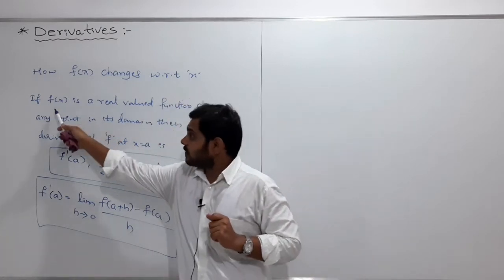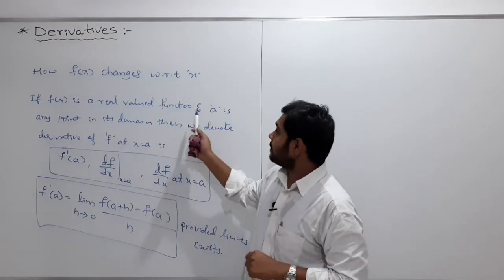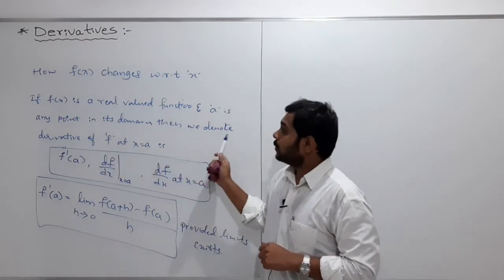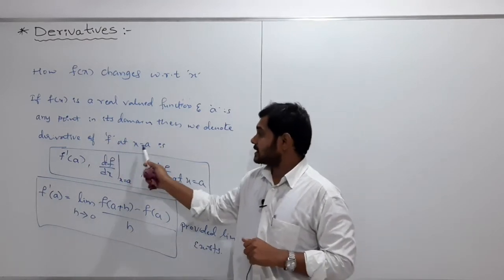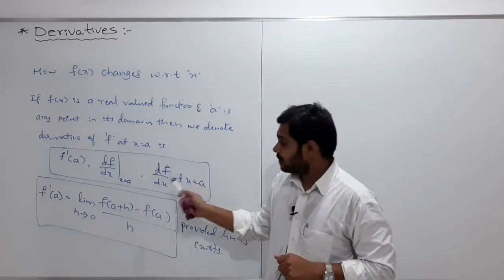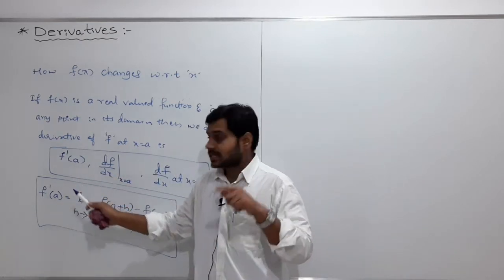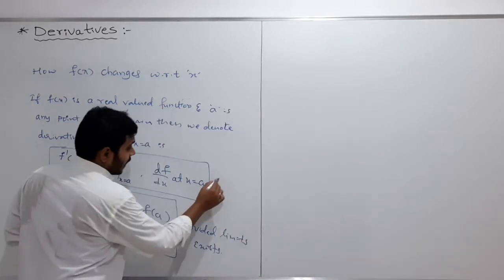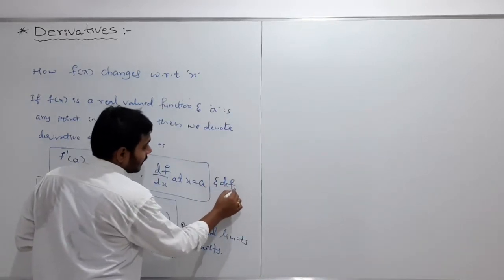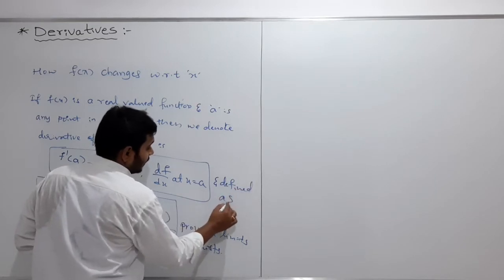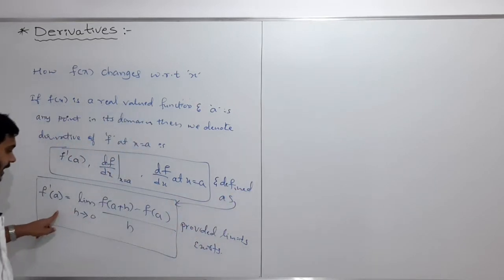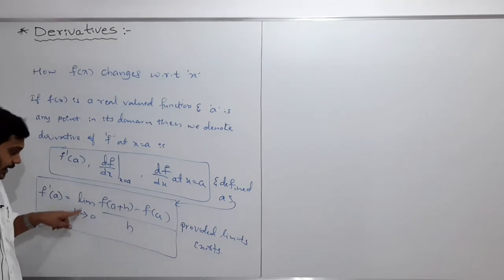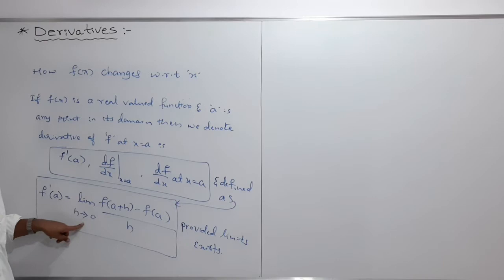Now if f of x is any real valued function and a is any point in its domain, then we denote the derivative of f at x equals a like this, and it is defined as the limit of f of a plus h minus f of a, whole divided by h, as h tends to 0.